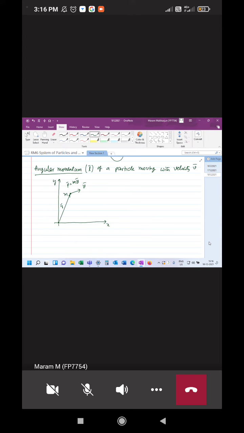Then the angular momentum is defined as, actually you can also call it moment of momentum, L bar of the particle about the origin is given by L bar equal to r bar cross p bar, or you can write it as r bar cross m v bar.